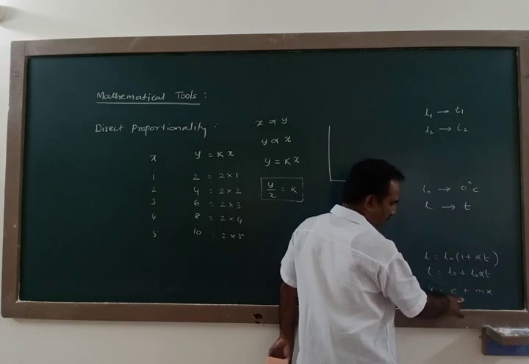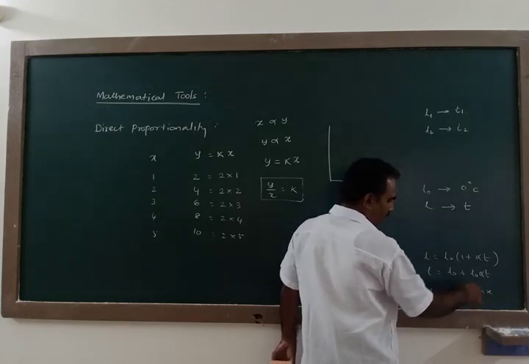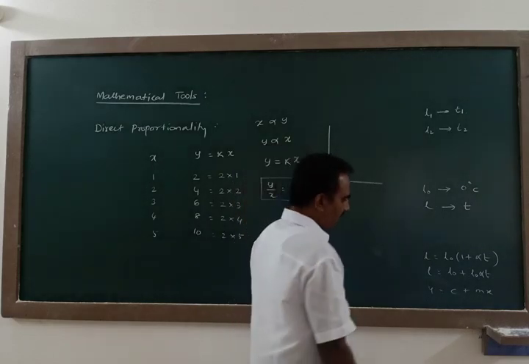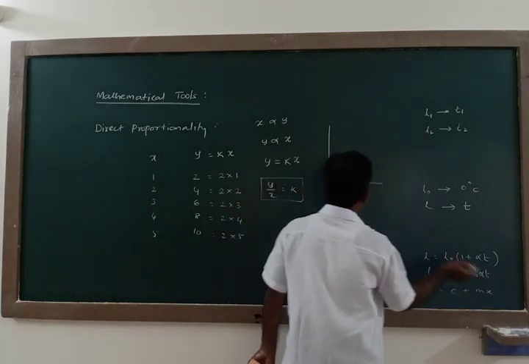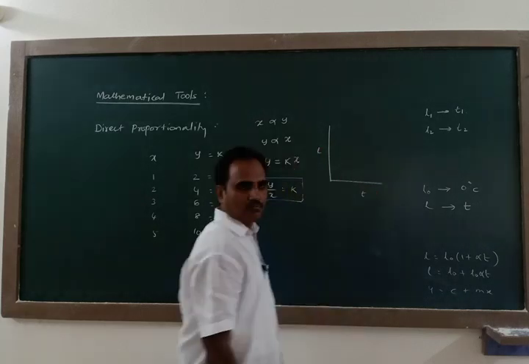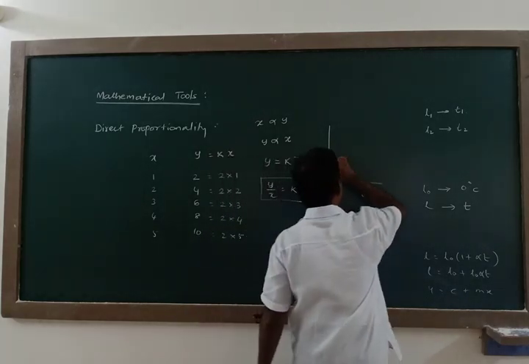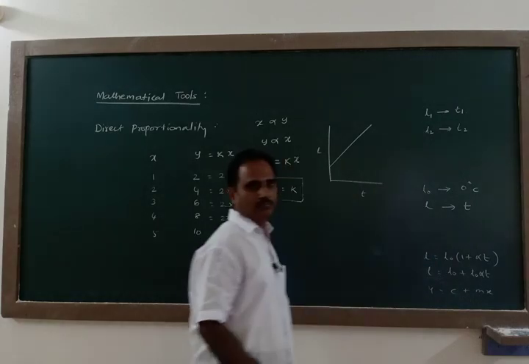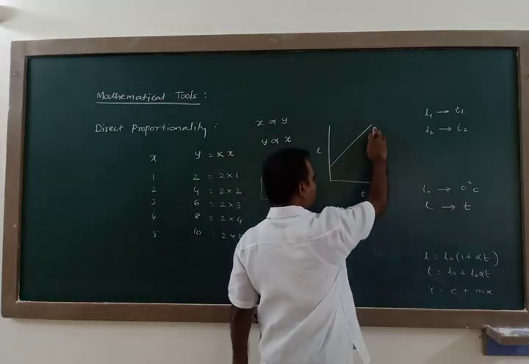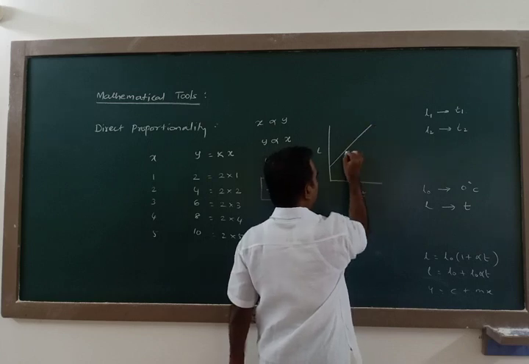This is of this form. So this y is equal to mx plus c is the equation of a straight line. When I plot a graph of this L versus T, I will get a straight line like this. So this is a straight line with positive slope.